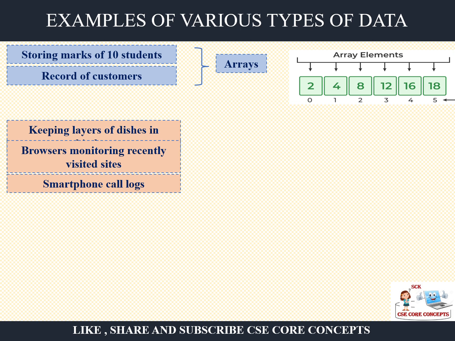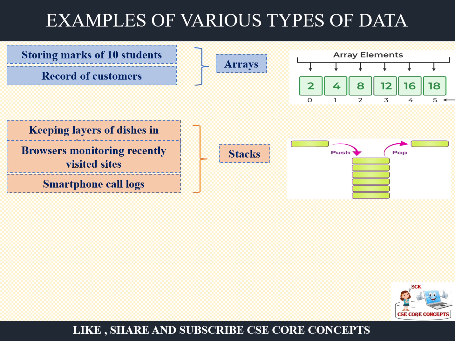The difference here is that when the data comes, it is stored on the top. The recently visited website will be shown at the top, or the recently attended call will be shown at the top. So this type of data structure is your stack.